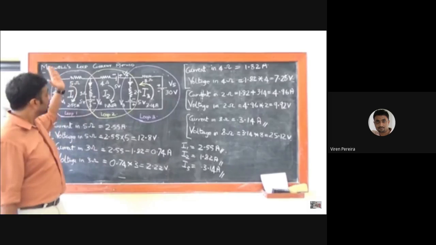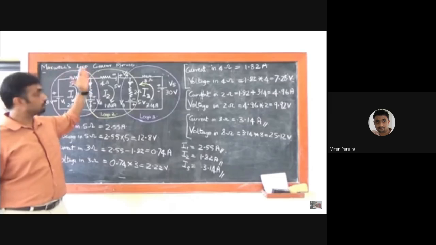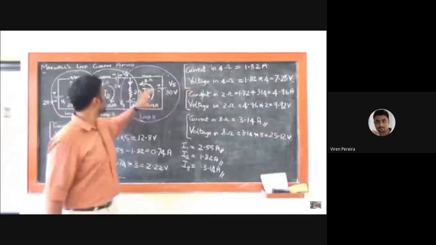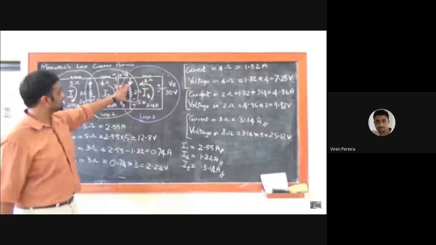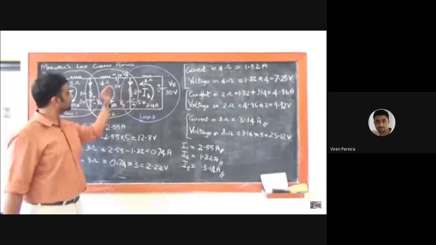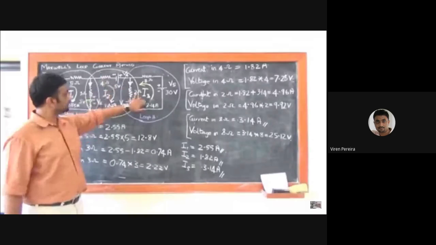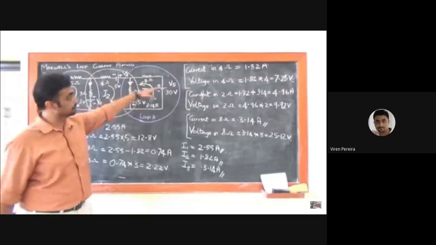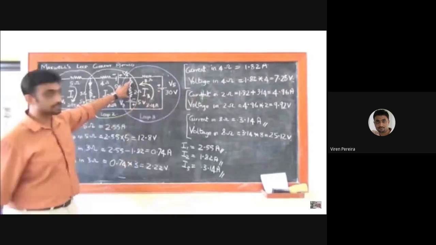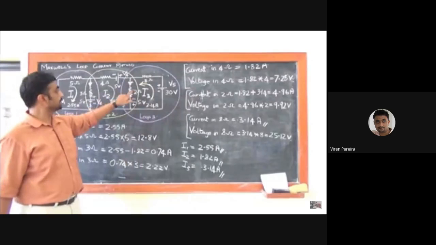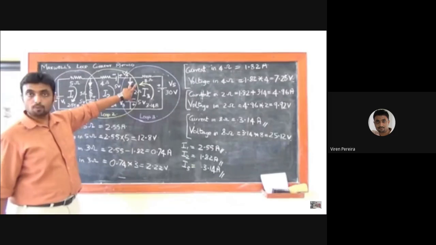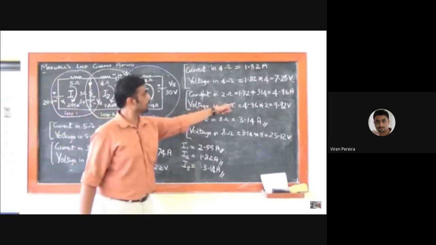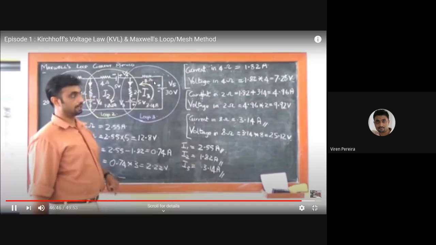If you want the voltage and current of a particular resistor, say 2 ohms, then you just follow this step. 2 ohms is linked to currents I2 and I3, so it will be I2 plus I3. That will be your current value, which is equal to 4.96. 4.96 into 2 will give us the voltage drop across this resistor, which is 9.9.